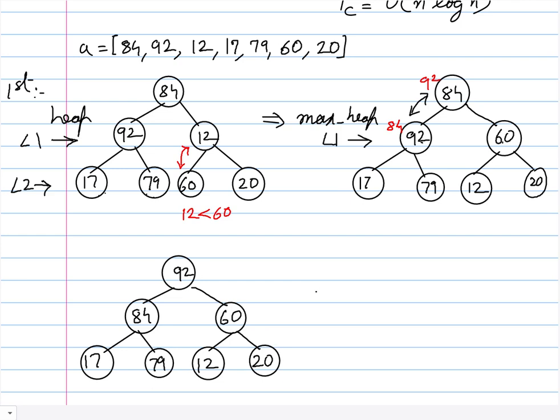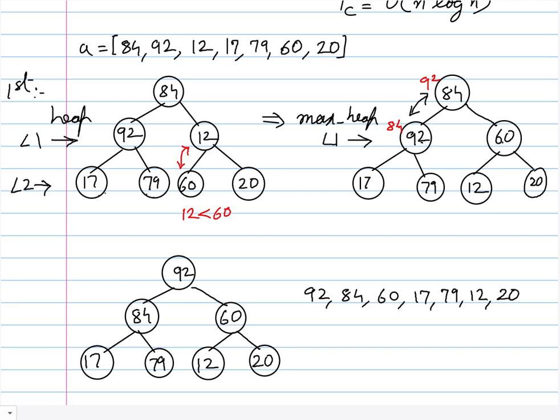Now the array elements are 92, 84, 60, 17, 79, 12 and 20. Now this array is completely unsorted.